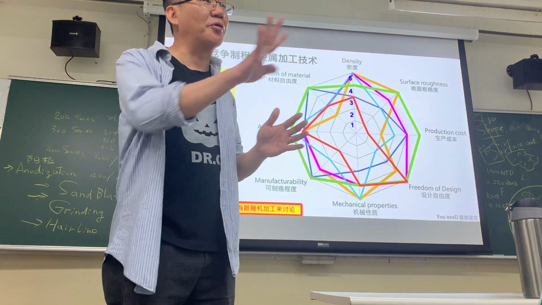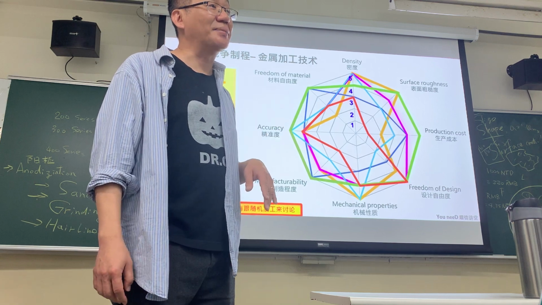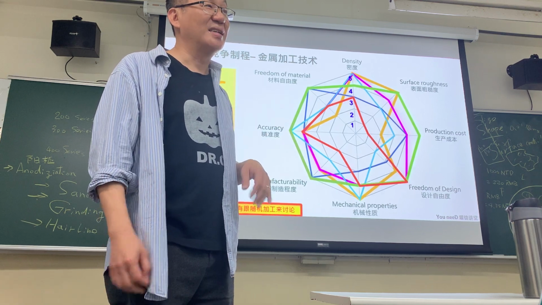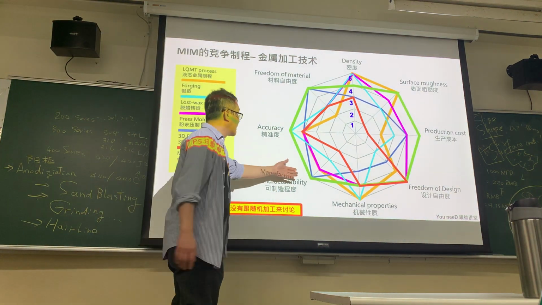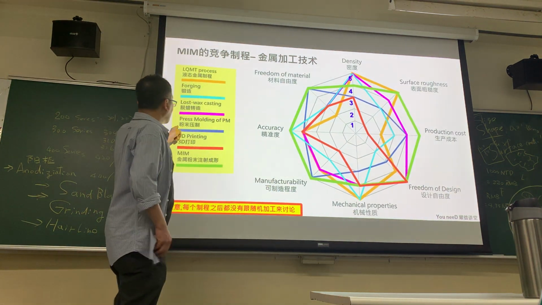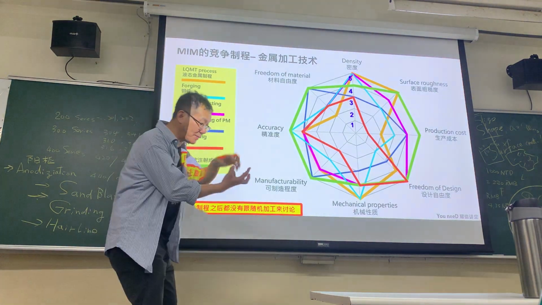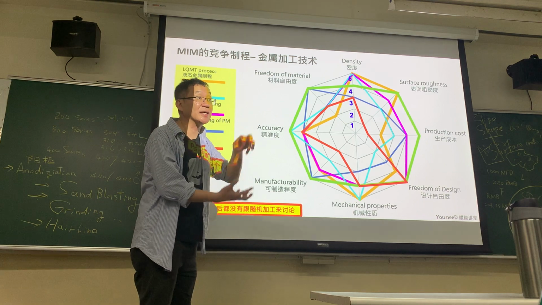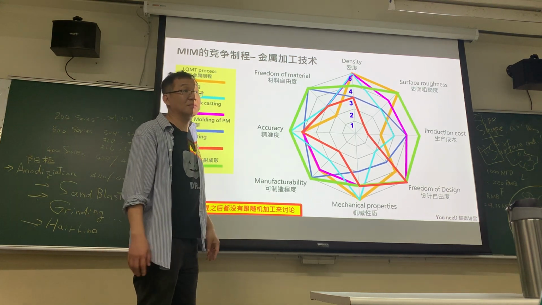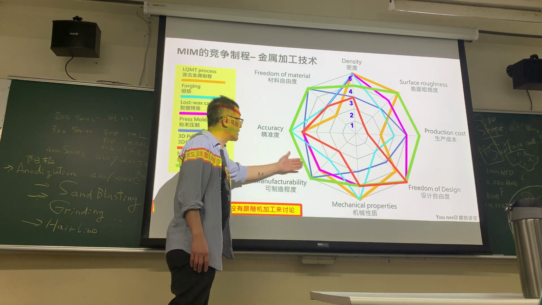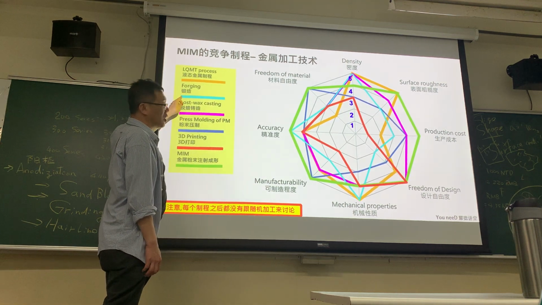If you have 4 cavities, 2,000 shots times 4, you can get about 8,000 pieces. It's very big, so this one is good. Who can compare to me? PM. PM is 1 cavity, but its cycle time is only about 3 seconds. Very quick. But for the others, I think casting and forging are slower.